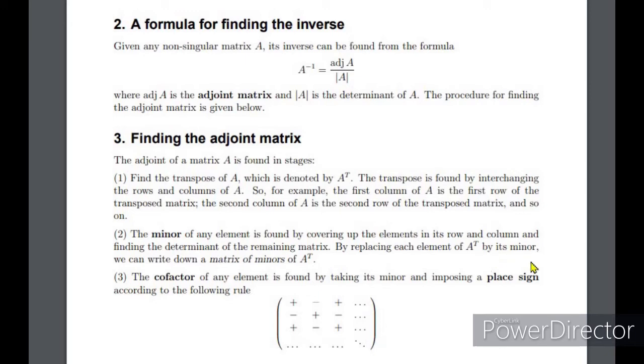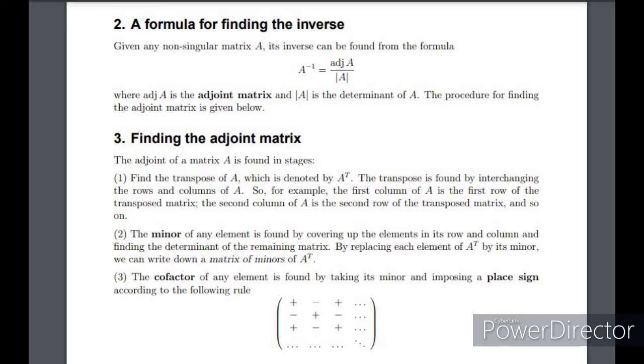So we will replace each element of our transposed matrix by the minor that we got. We can write down a matrix of minors of A transpose. That is the second stage, or step 2.